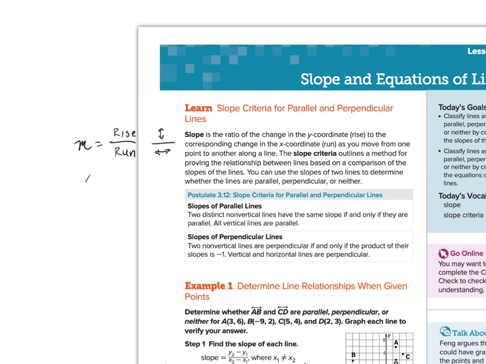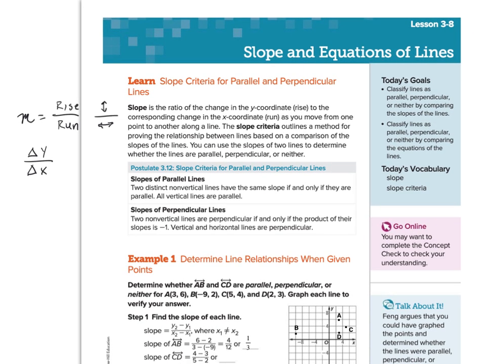Often in higher level math, you will look at the change in y over the change in x, which is delta y over delta x. Delta simply means the change. So looking at slope criteria outlines the method for proving the relationship between the lines based on the comparison.